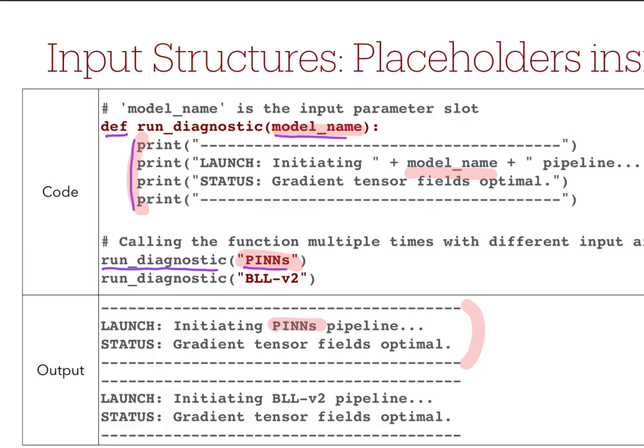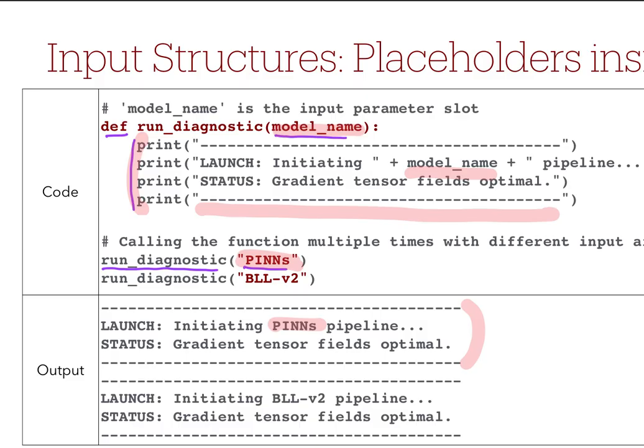So when you call this function run diagnostic with pins, these statements will be generated. Once the 4 lines are printed, you go out of the function, and when you go out of the function, the parameter model name will be destroyed from the memory.